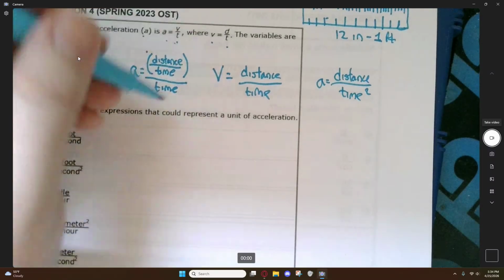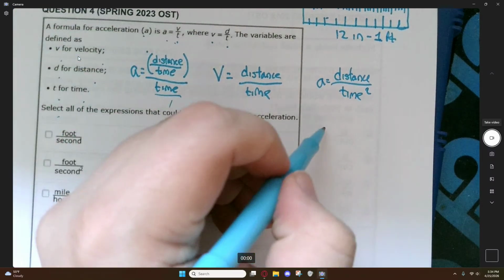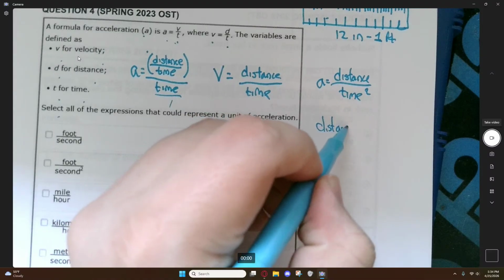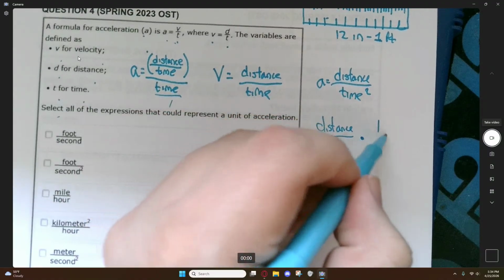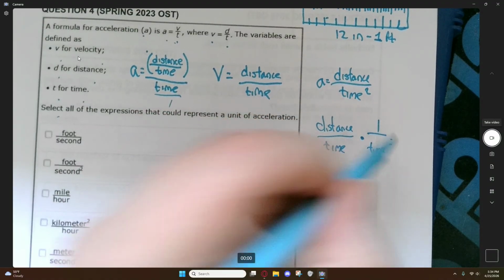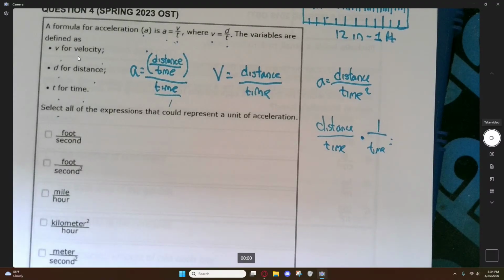Because if you were to do this division, you would put time over 1, and you would get distance over time. You would do the keep, the change, the flip, and you would end up with time squared. Okay?